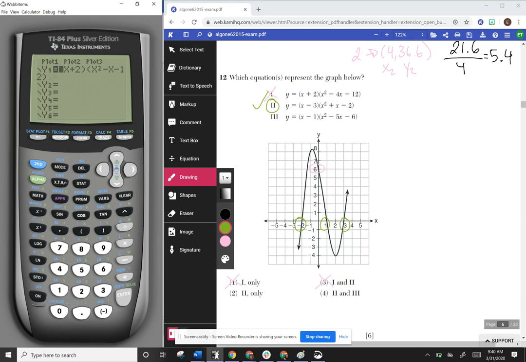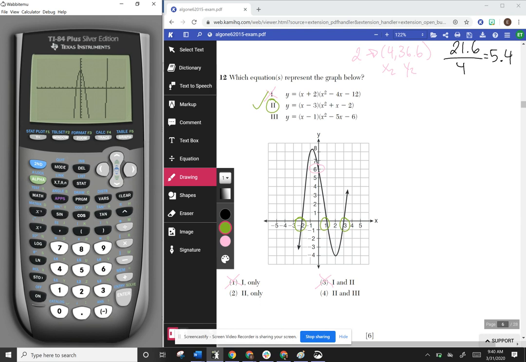So I'm going to go ahead and skip that one, and I'm just going to test 3. Okay, so x minus 1 and x squared minus 5x minus 6. Graph. Okay, as we can see, this one also does not fit the pattern.